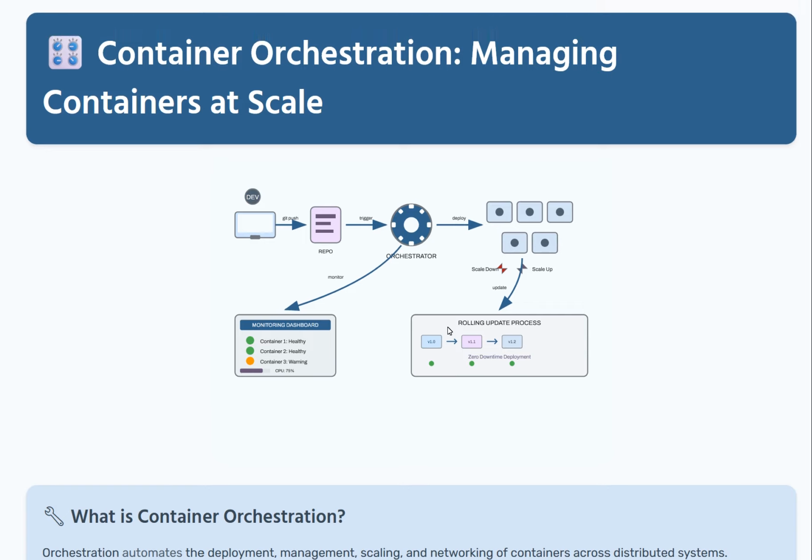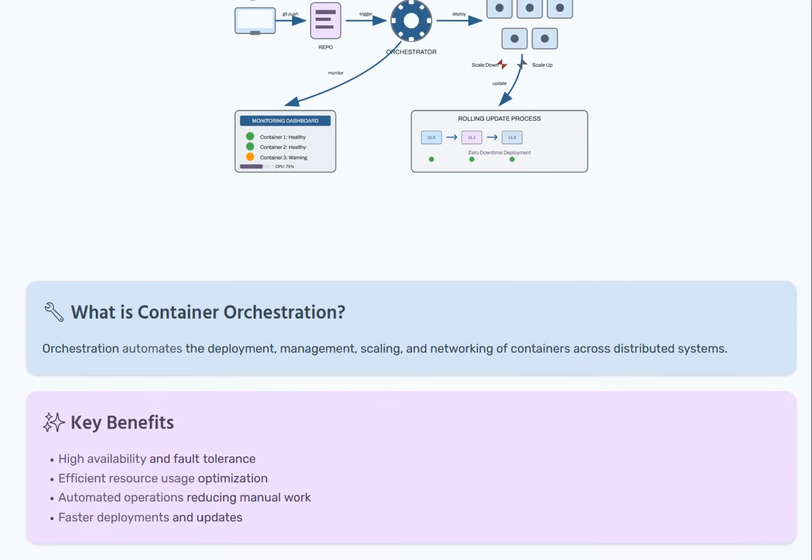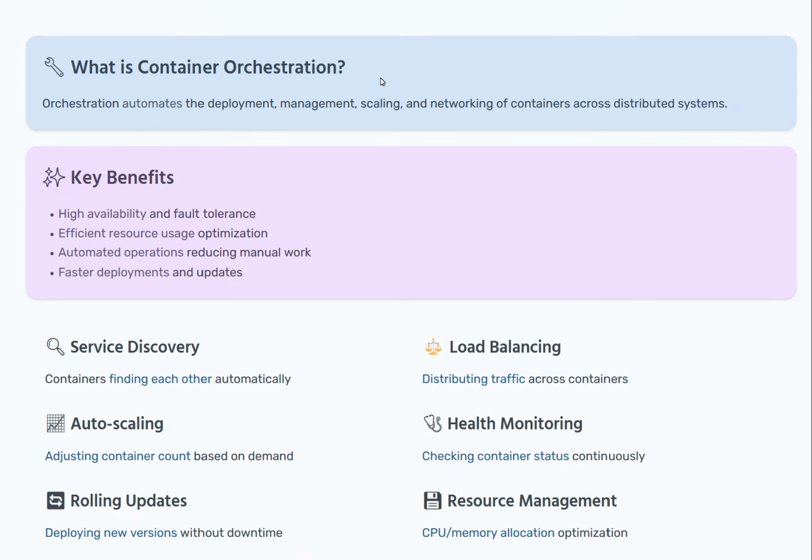Before we go into that picture, we're going to talk about container orchestration, managing containers at scale. So when you have a container, what does orchestration do? Orchestration is automating deployment, management, scaling, and networking of containers across distributed systems.